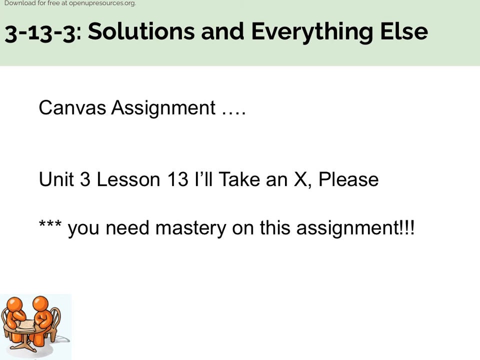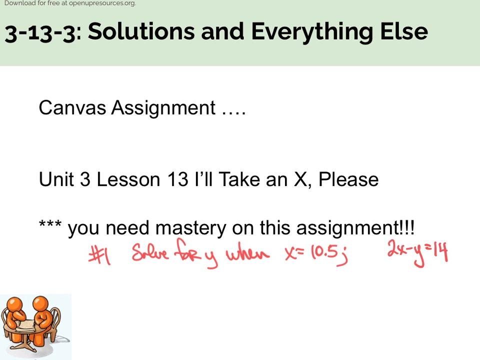Number 1 says that we need to solve for Y when X equals 10.5, and we are given an equation, 2x minus y equals 14. So what am I asking you to do?